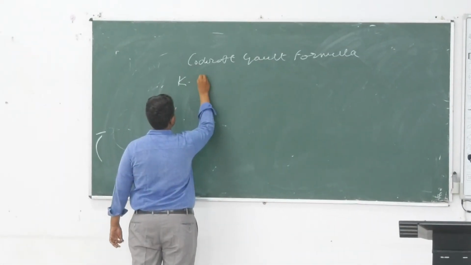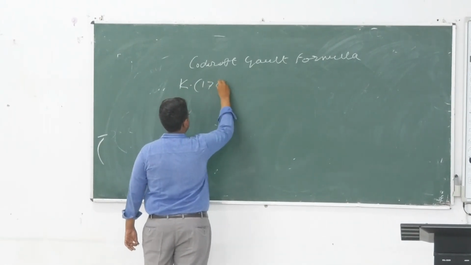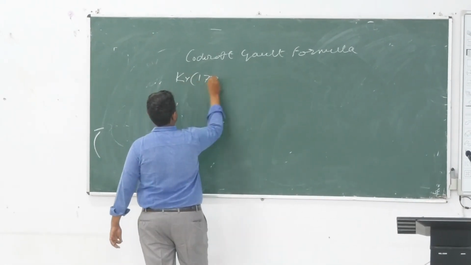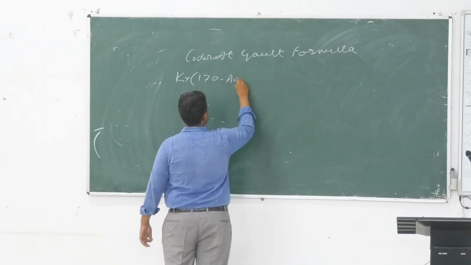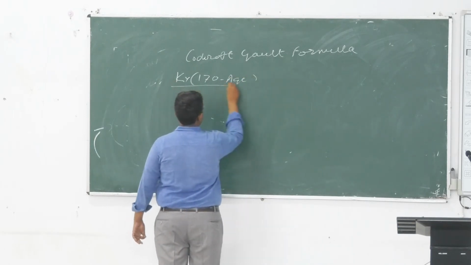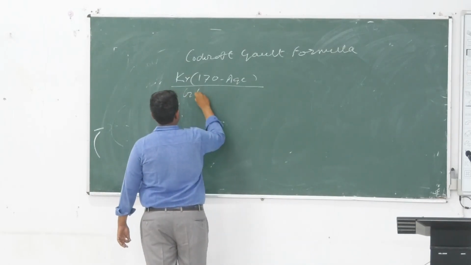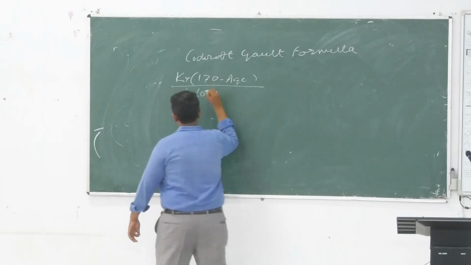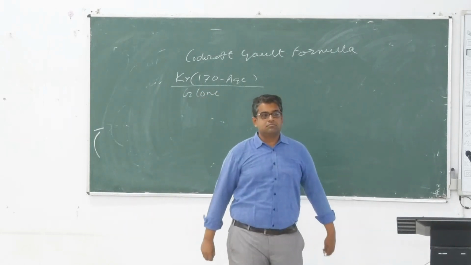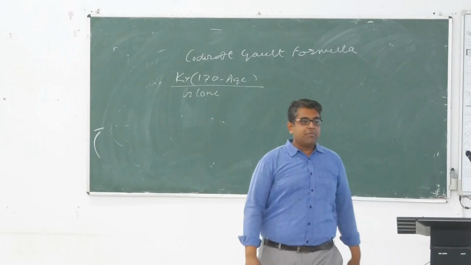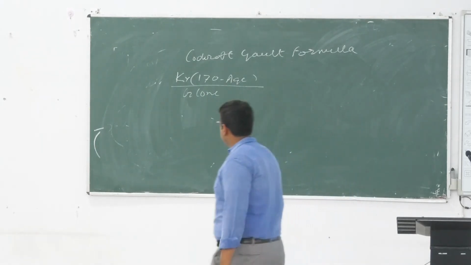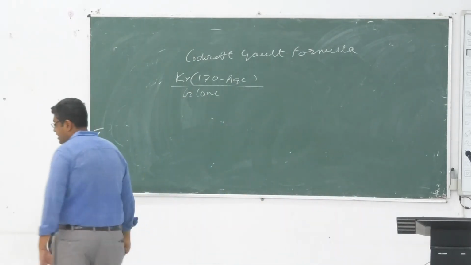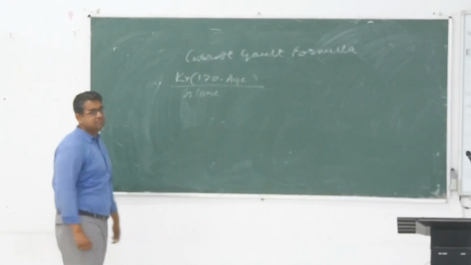K multiplied by (170 minus age) divided by 88, divided by the creatinine concentration.